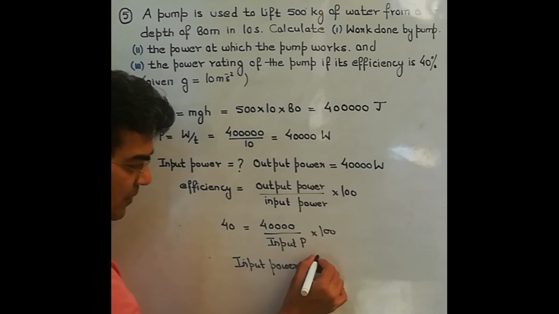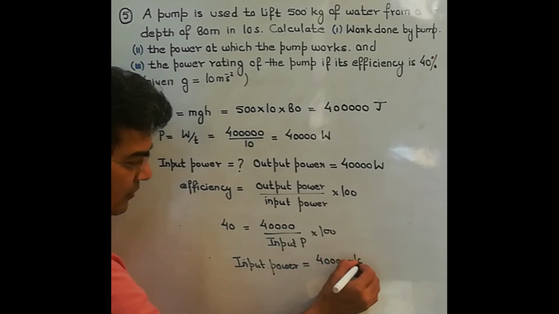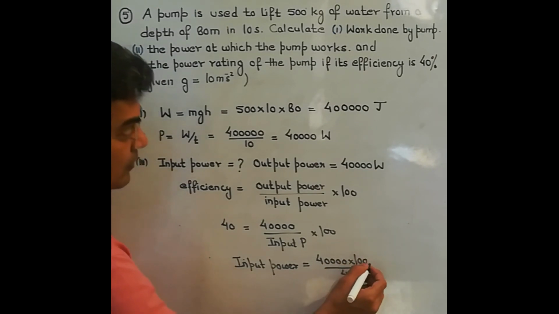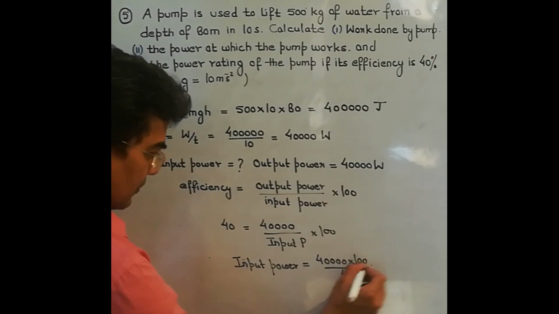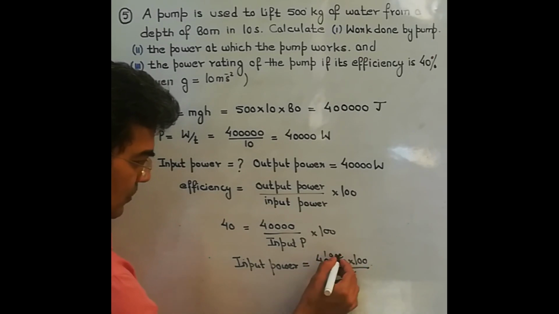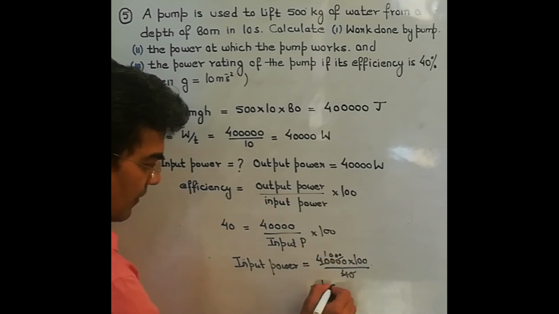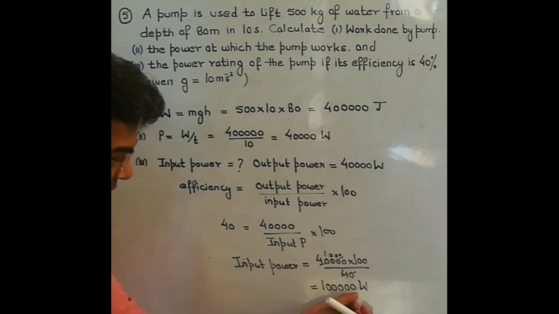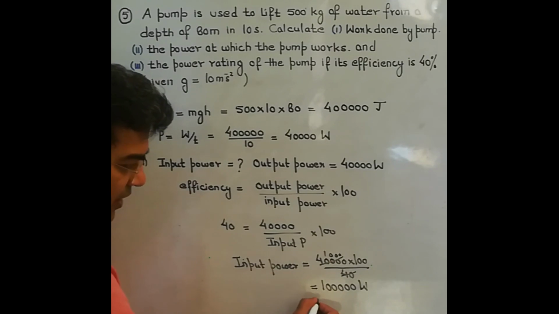So when you cross multiply it, 40,000 into 100 divided by 40, so that will be equal to 1 lakh watt, or this could also have been written as divided by 1000, so it becomes 100 kilowatt.